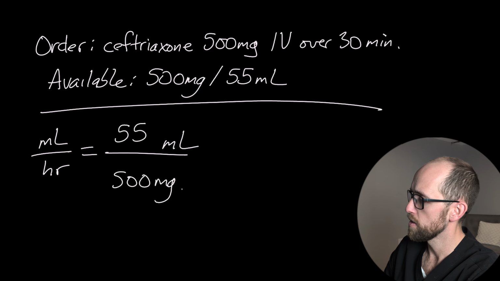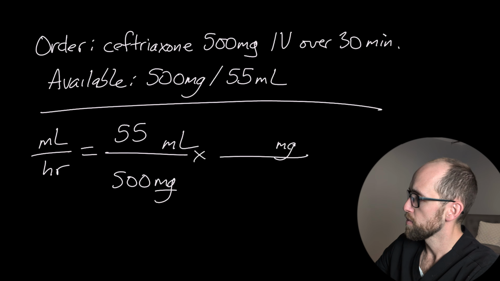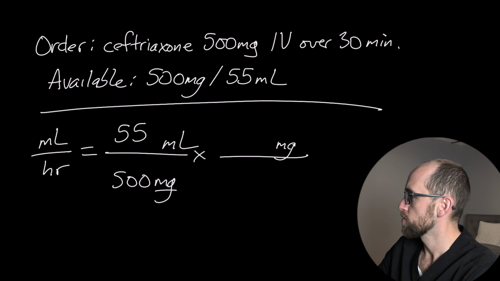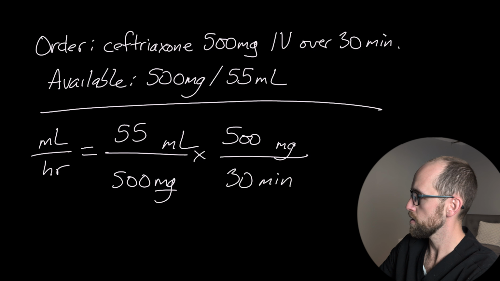of ceftriaxone. Now I need to cancel out my milligrams, so I'm going to go over here and add milligrams. I need to find something else. I have an order for 500 milligrams of ceftriaxone over 30 minutes, because that's what's written here.